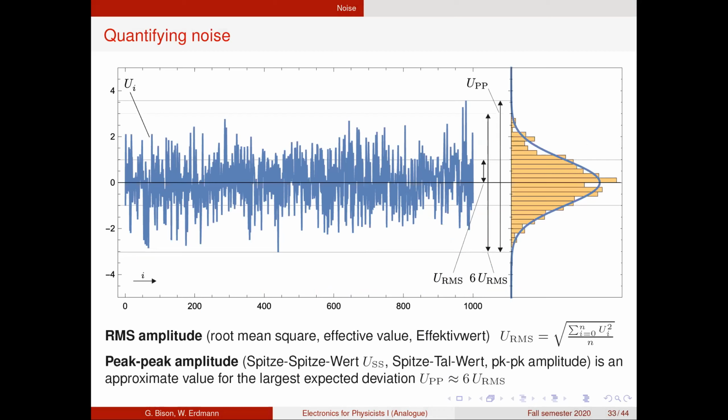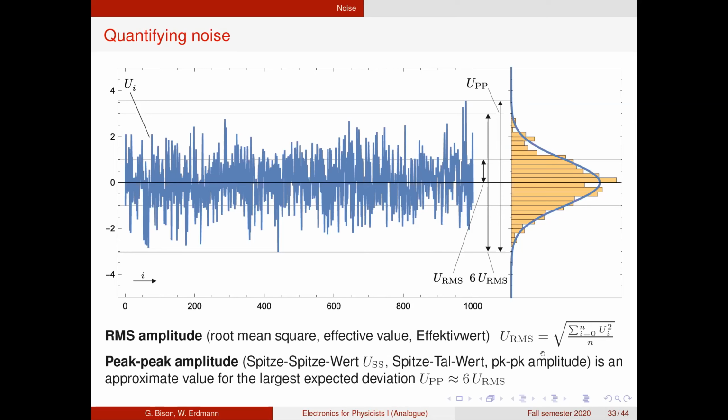Okay, now in electronics, we quantify noise in different ways. So if we have a noise series here, and we can draw a histogram of the values that we've measured, so this you can measure with your oscilloscope, then calculating the RMS value of this, so root mean square, or effective value, Effektivwert, is simply taking the square of the voltage values, and then calculating, well, the sum divided by the number, so this is the mean, and then you take the root.